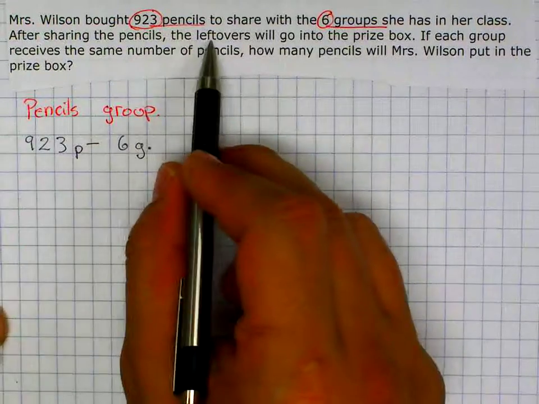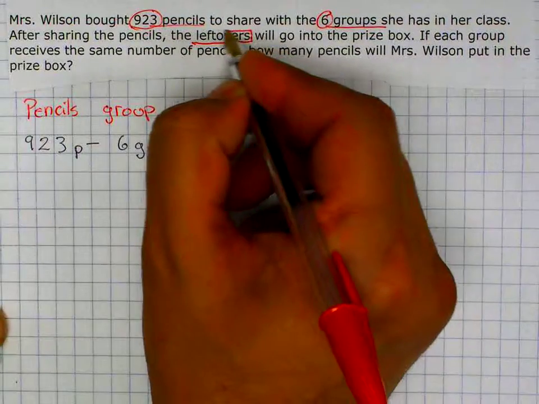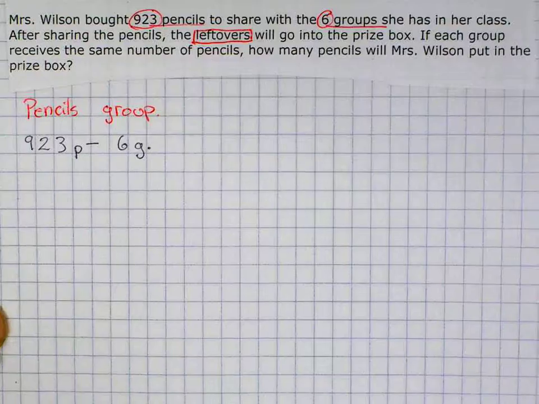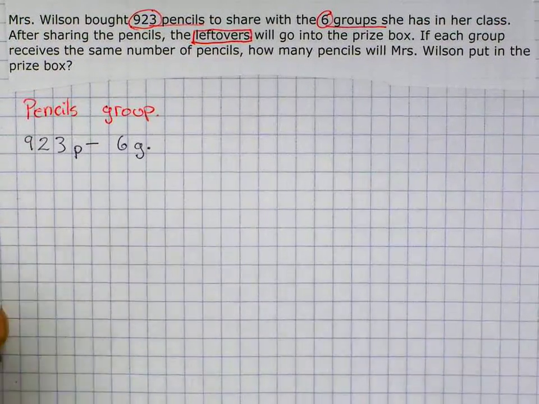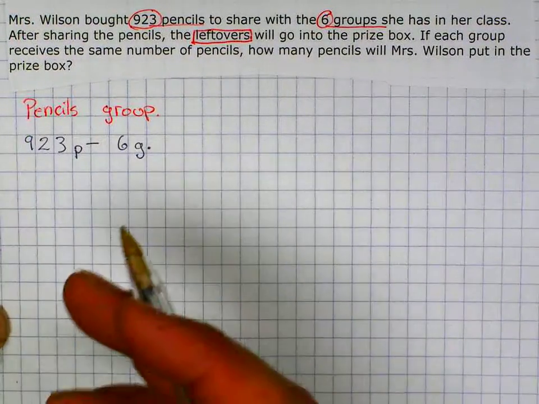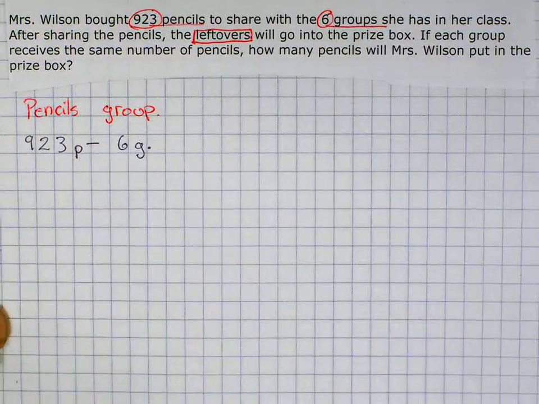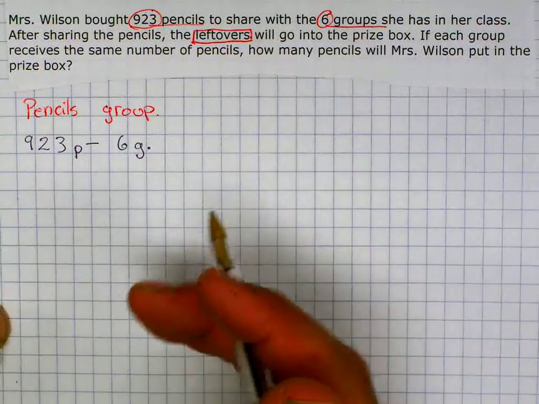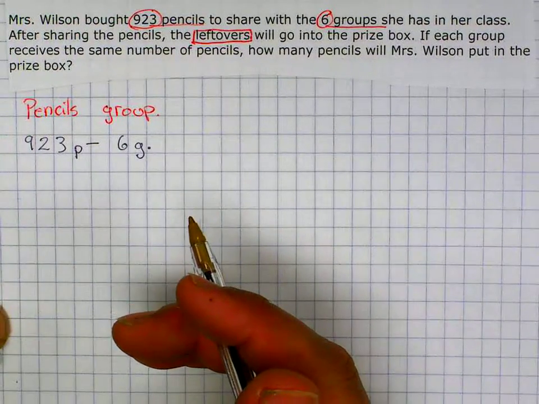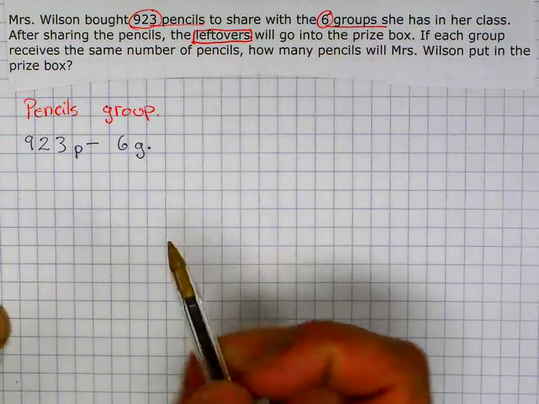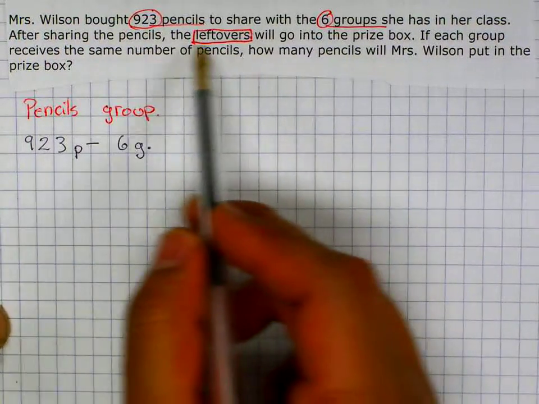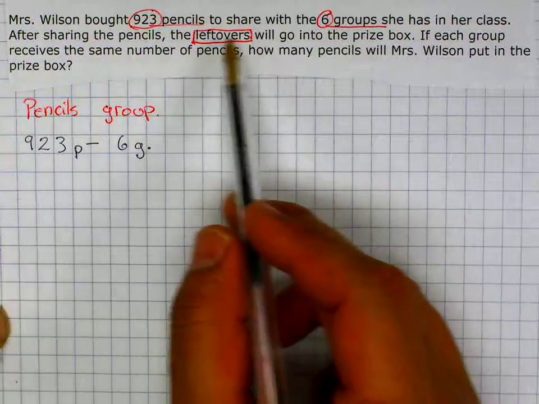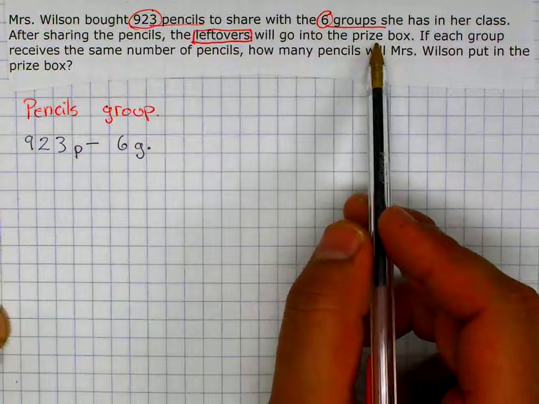After sharing the pencils, the word "after" right here is very important because that is telling me there is something that's going to be left over, that I'm going to have more than I need. That's another keyword that tells me I'm going to have some leftovers. Okay? So after sharing the pencils, the leftovers will go to the prize box.